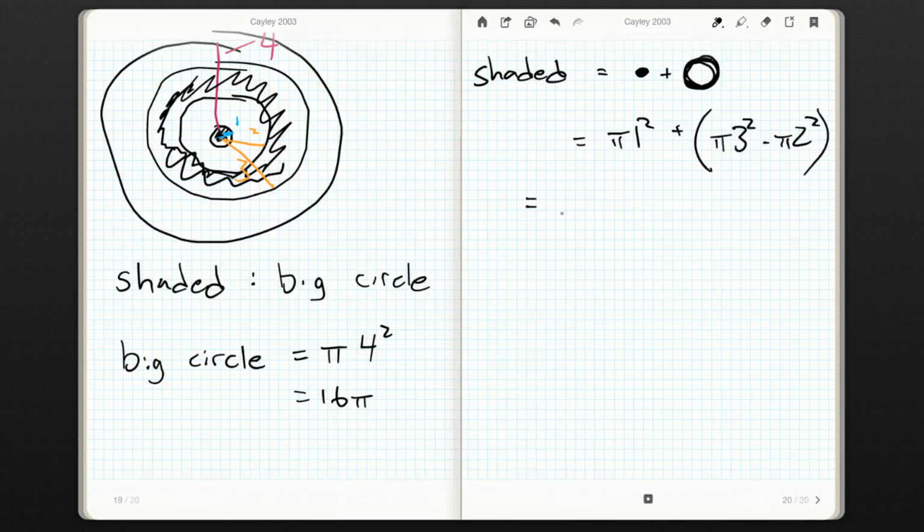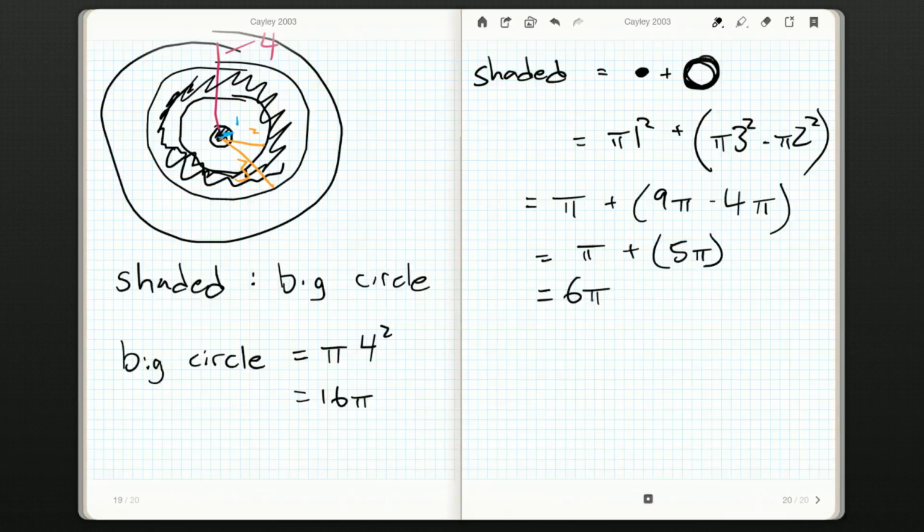So this is pi times 1, which is pi, plus 9 pi minus 4 pi. 2 squared, of course, is 4. So this is pi plus, what's 9 minus 4? Why, it's 5. Pi plus 5 pi, that's 6 pi. So our ratio is the shaded area, which is 6 pi, to the big circle, which is 16 pi.